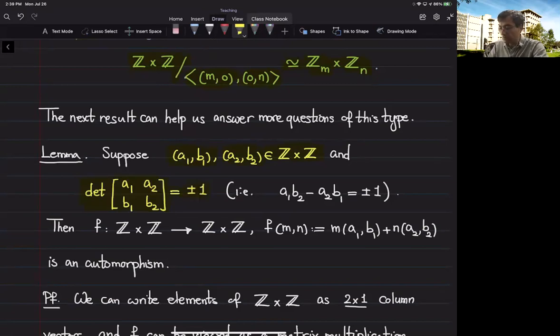That's the assumption. And remember, the determinant of a 2 by 2 matrix is a1 times b2 minus a2 times b1. So this difference is supposed to be either +1 or -1.